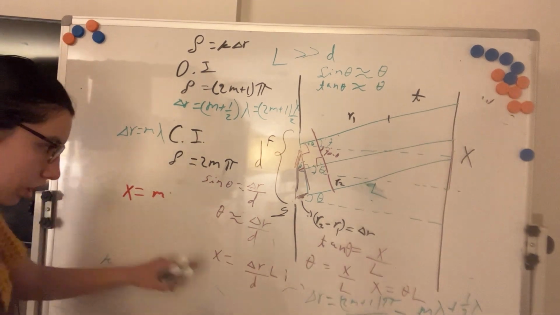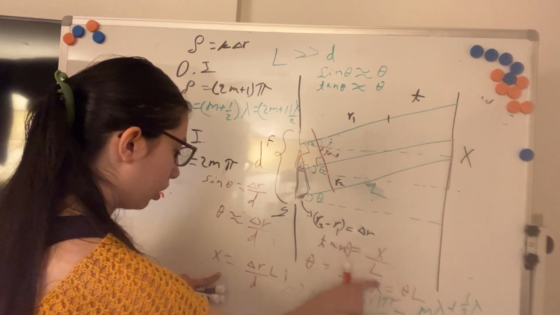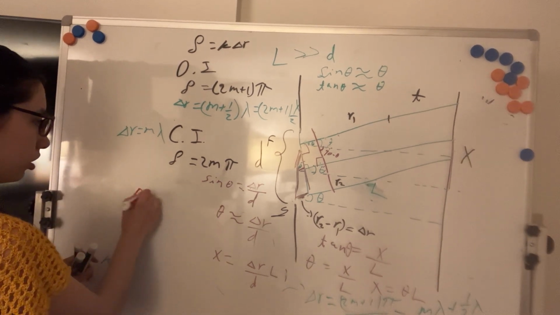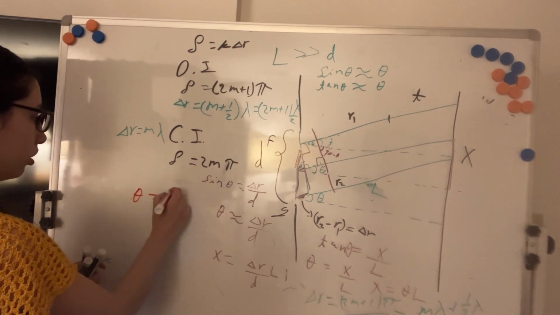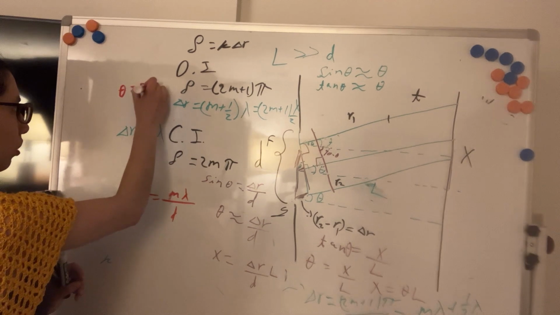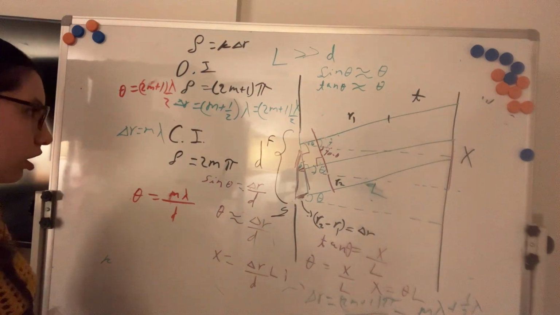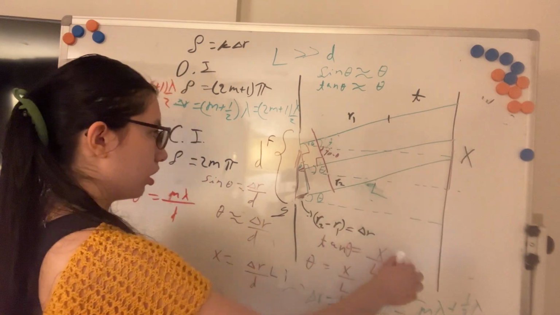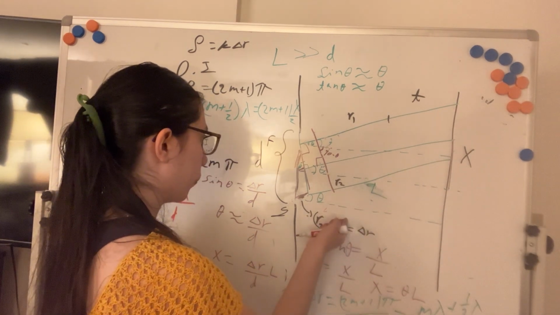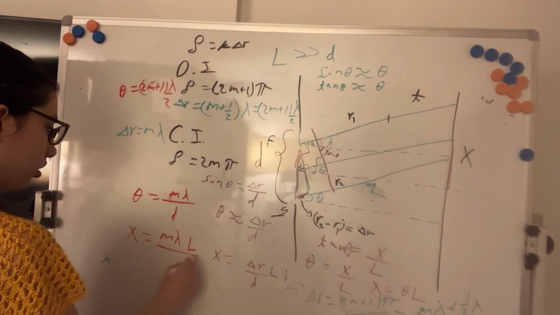Sorry, here I mixed it up. x is equal to theta times L. So theta first: theta is m lambda over d for constructive interference, and for destructive interference theta is (2m plus 1) lambda over 2d. So this x, we have tangent of theta is x divided by L. If we want x, we have theta times L. So x is equal to m lambda L over d.